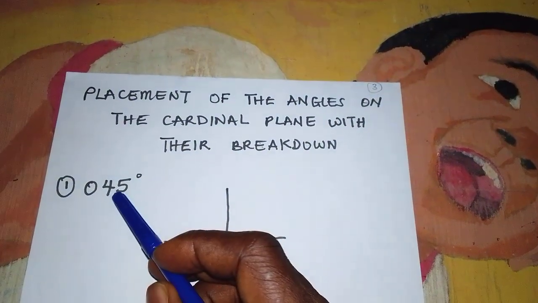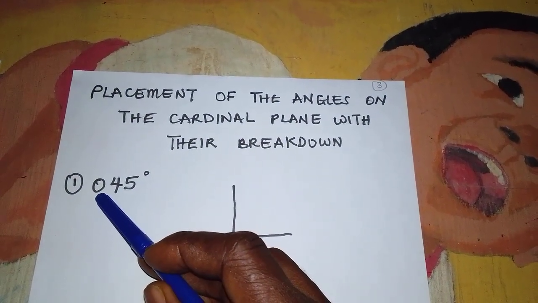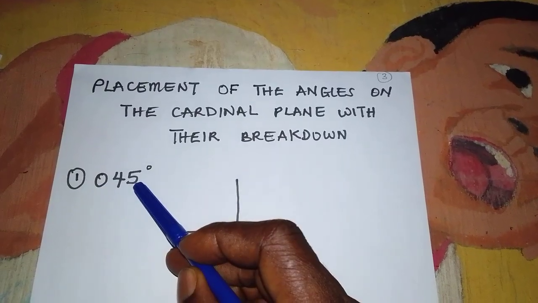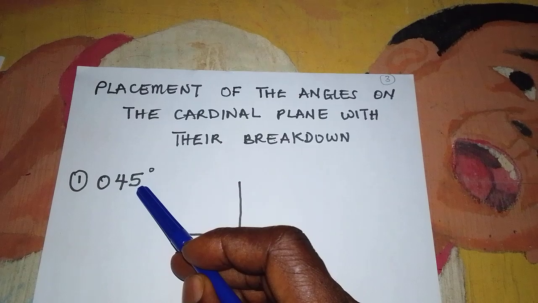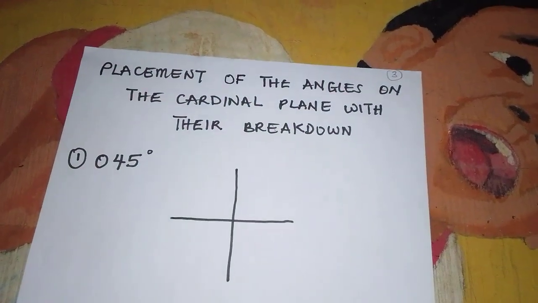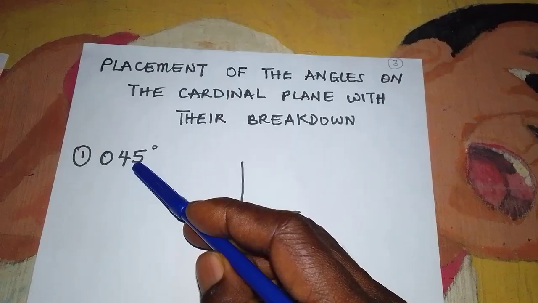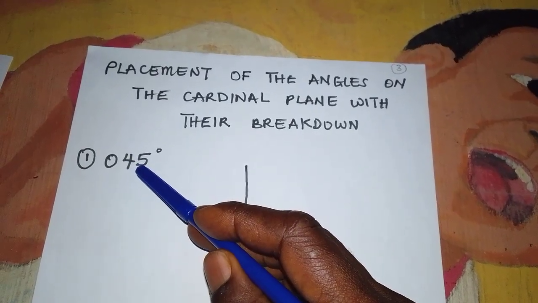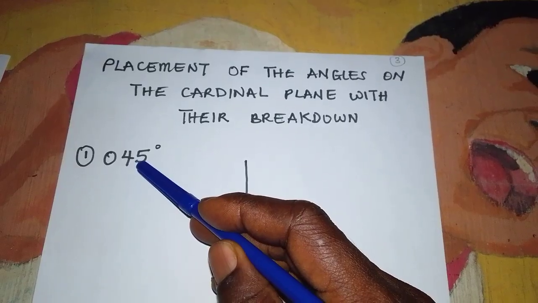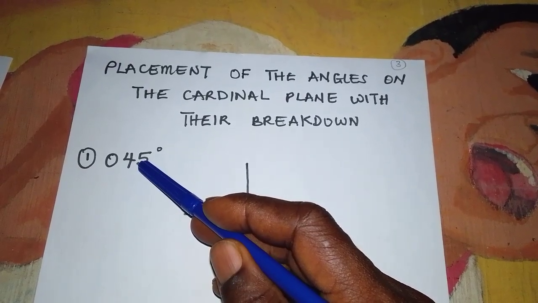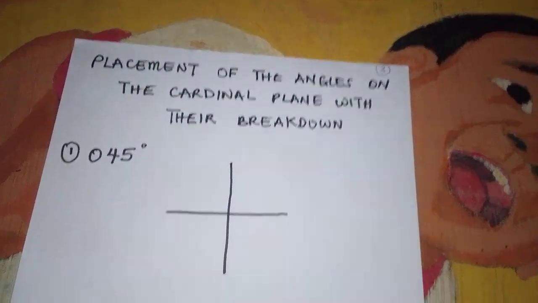Now if this is 45, in bearing you write numbers in three figures like this. So 0, 4, 5, that means you are talking of angle 45 degrees. If you want to place 45 in the quadrants, you realize 45 is an acute angle, it's not up to 90. Since it's not up to 90, angle 45 should be in the first quadrant.